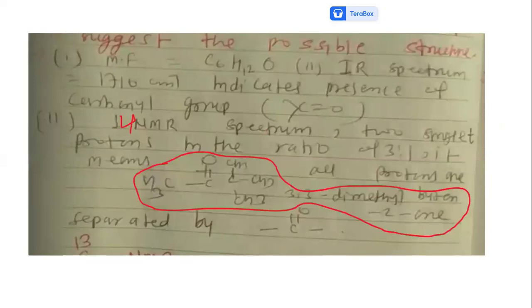Molecular formula C6H12O; IR 1710 per cm indicates the presence of a carbonyl group. The NMR spectrum shows two singlets in the ratio 3:1, which means all protons are separated by the carbonyl, giving 3,3-dimethyl butanone.